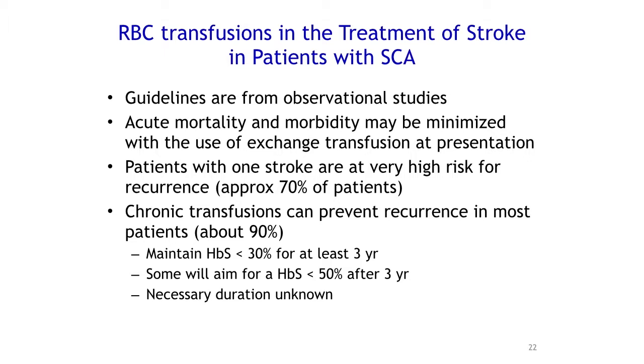Okay, so basically, on red blood cell transfusion in treatment of stroke in patients with sickle cell anemia, the evidence was overwhelming in support of transfusion. That's a simple message, and I think this is what we will also take up here.